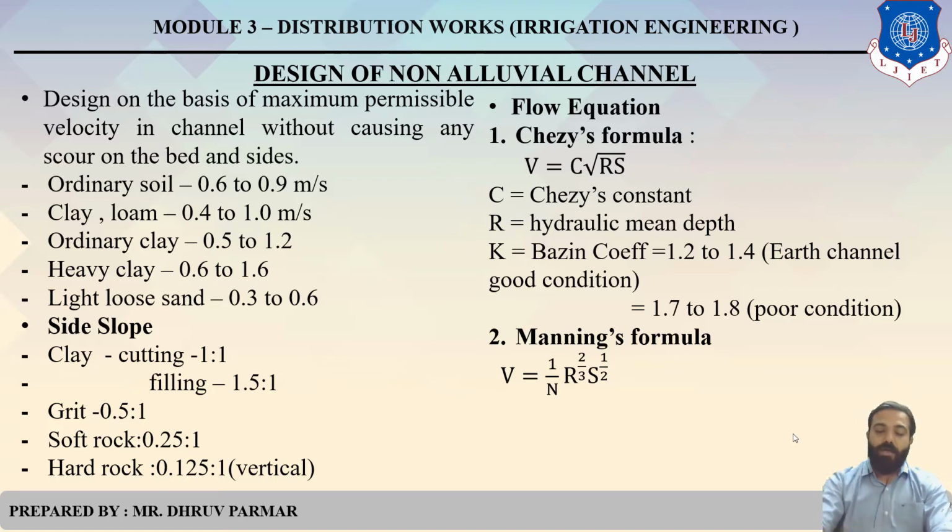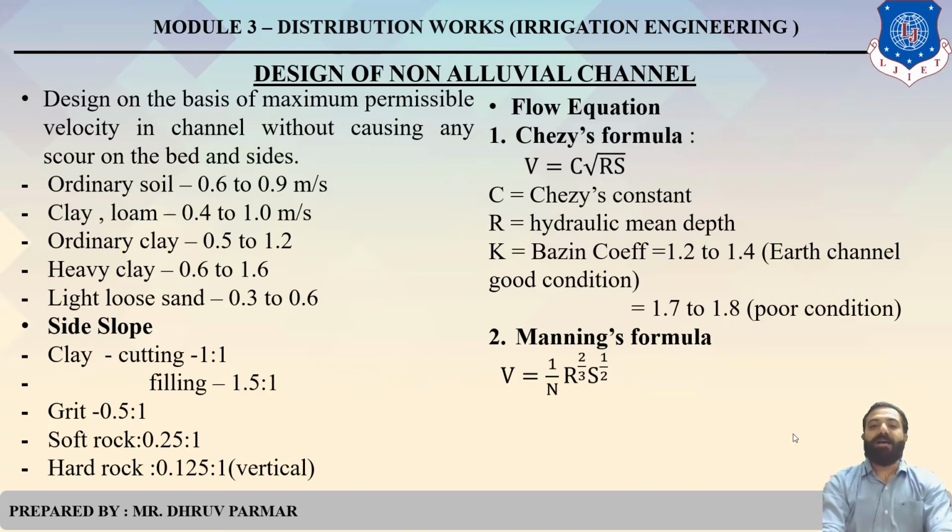In your FMH subject, meaning fluid mechanics and hydraulics, you studied formulas to find velocity. There are two formulas, Chezy's formula and Manning's formula. Chezy's formula is V equals C under root RS. For Manning, V equals 1 upon N, R raised to 2 by 3, S raised to 1 by 2.